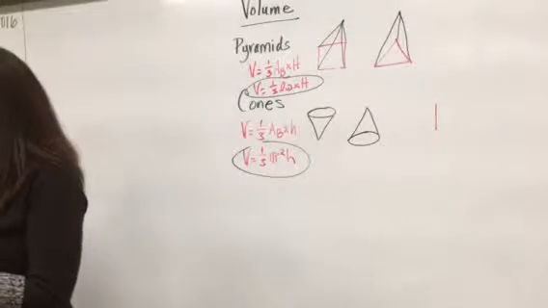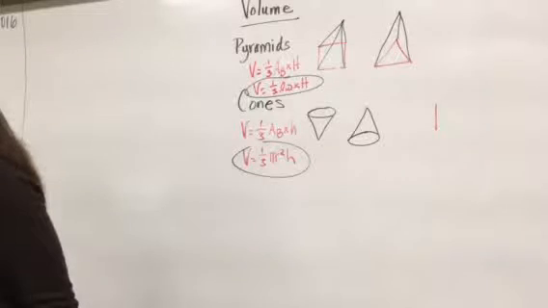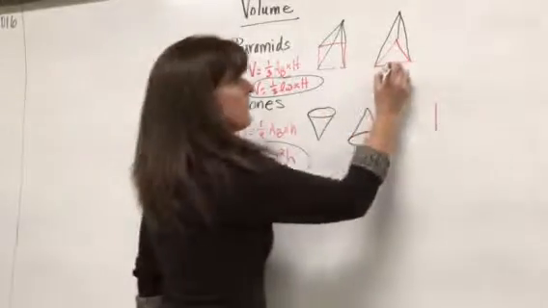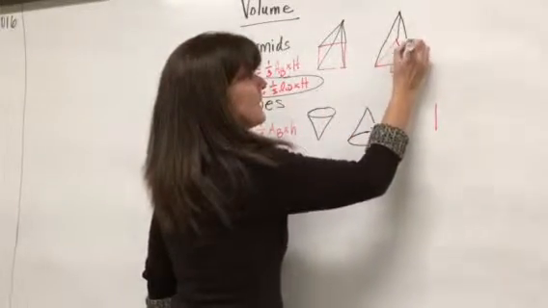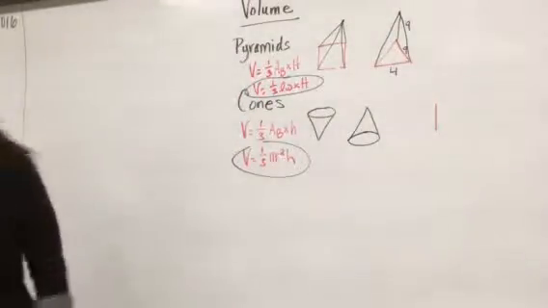So if we want to find the volume, we have a triangular pyramid here on example 1, 4 by 9 by 9. So we have 4 by 9, and the height is 9.